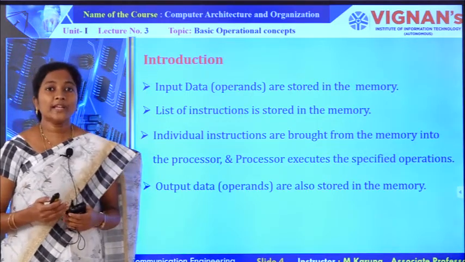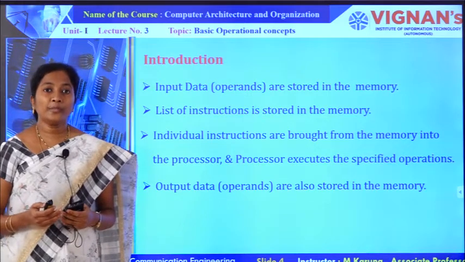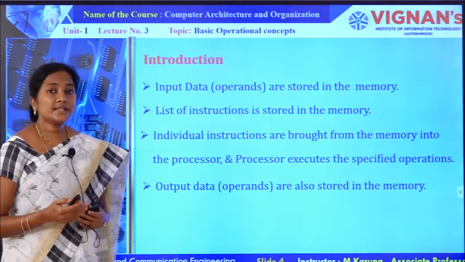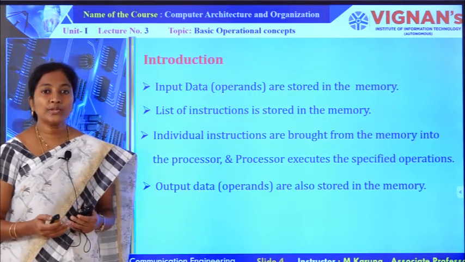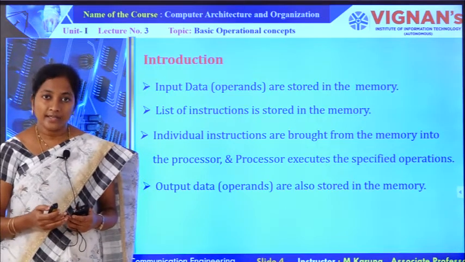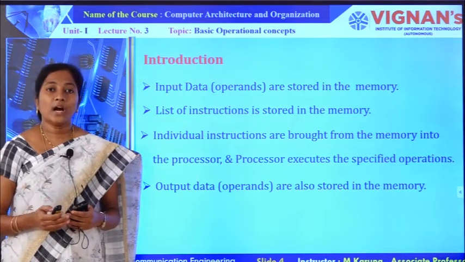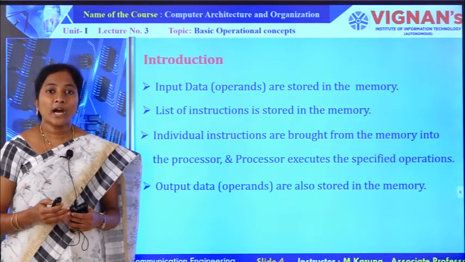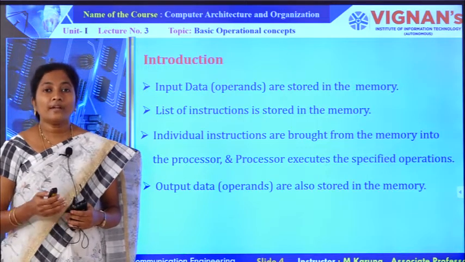After storing instructions in the memory with the help of the input unit, those instructions are brought from the memory into the processor for performing the operation on the data. After processing the operation, the output data is transferred to either memory or register.